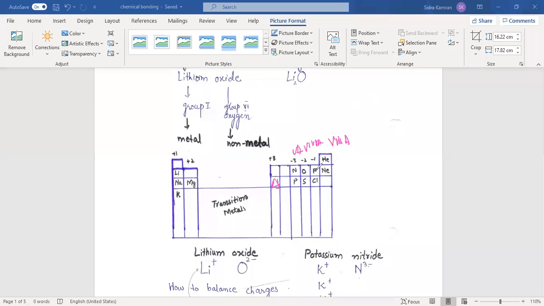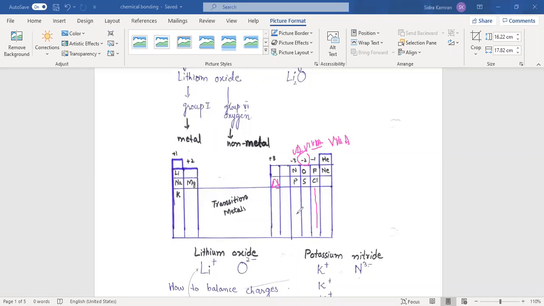So these 7A group elements have a valency of 1 minus, because they have the capacity to take electrons, that is 1. Because they have 7 electrons in their outermost shell, they take 1 electron and become stable. This group's elements have 6 electrons in their outermost shell, so when they take 2 electrons, they will become stable.